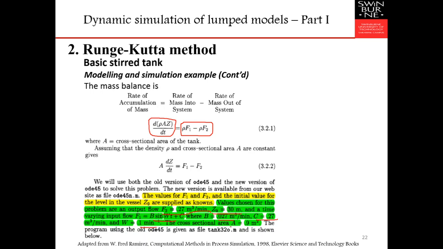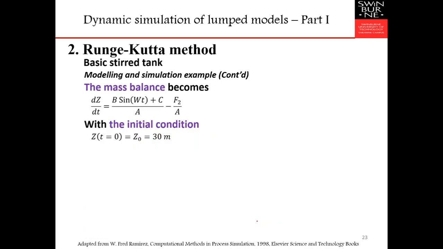The cross-sectional area A is equal to 0.9 meter squared. Then we can basically simplify the mass balance into this form with these initial conditions.